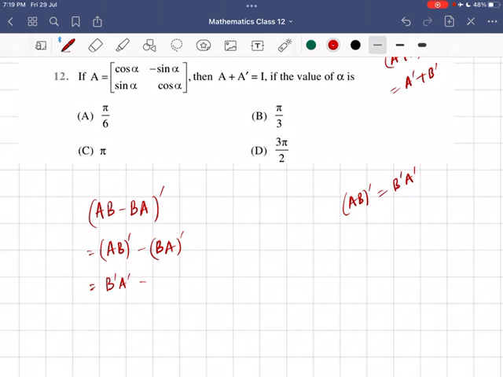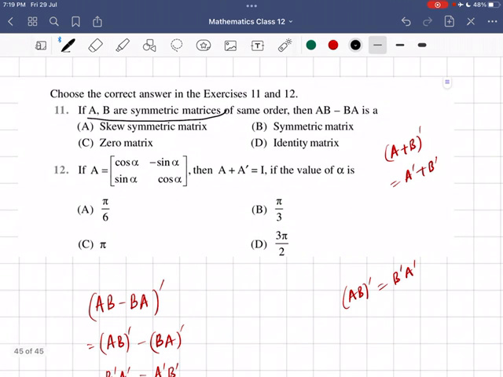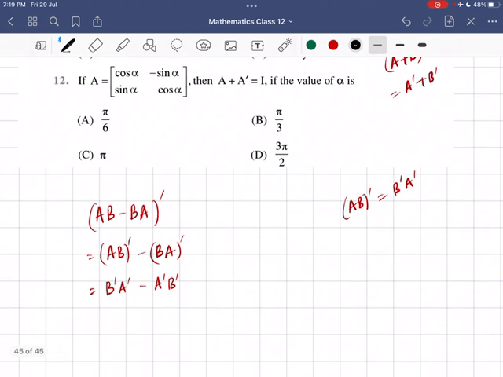Okay. Now in the question it says that A and B are symmetric matrices. So it means A transpose is equal to A and B transpose is equal to B. They are symmetric matrices. So we can write BA minus AB.